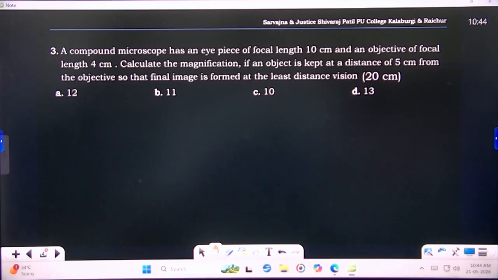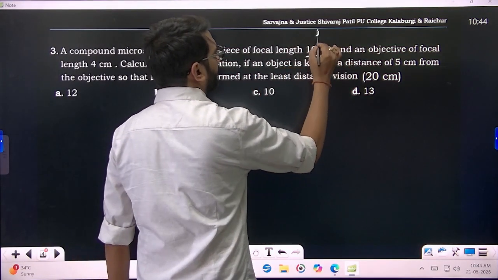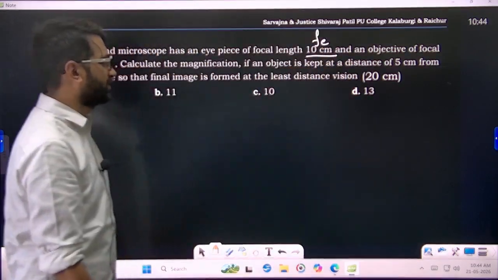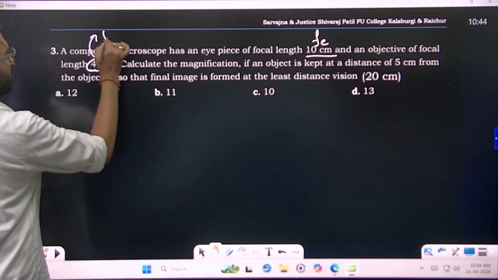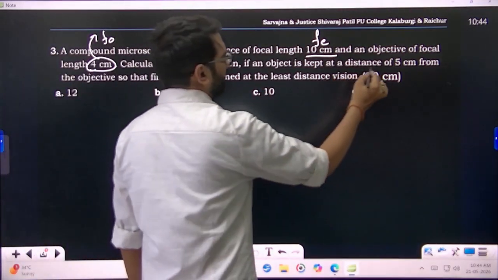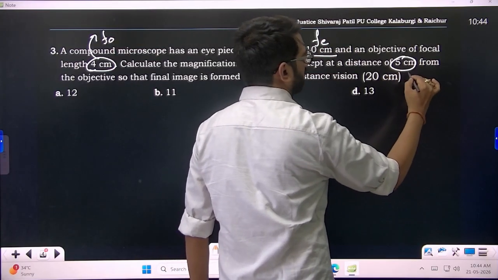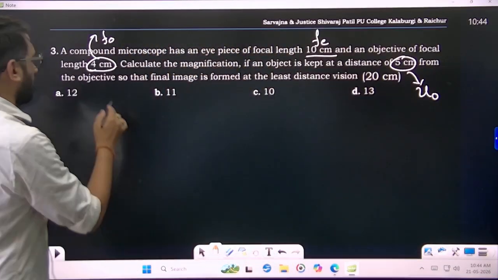Next, a compound microscope has an eyepiece of focal length 10 centimeters, and an objective of focal length 4 centimeters. This is f0. Calculate the magnification if the object is placed at a distance of 5 centimeters from the objective.